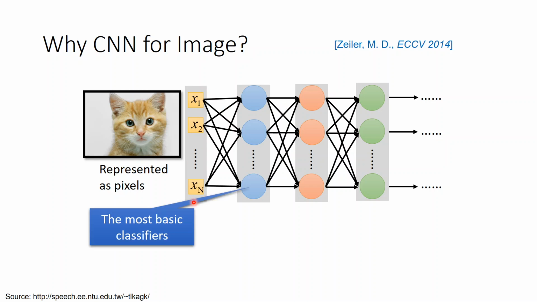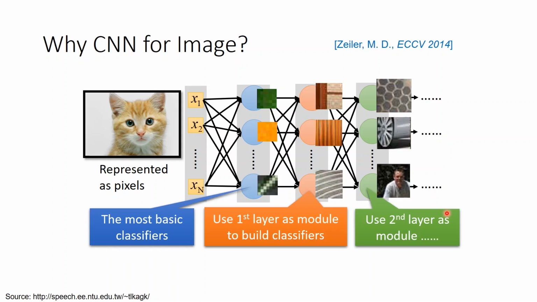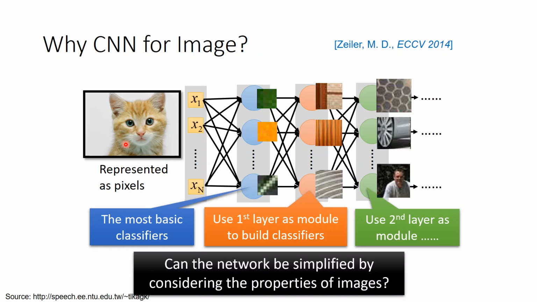Then the most basic classifier is here, and we can get something like the color or the background, and then use the first layer to build a classifier, and the second uses a more detailed classifier, and so on. And then you will distinguish what is in the image.